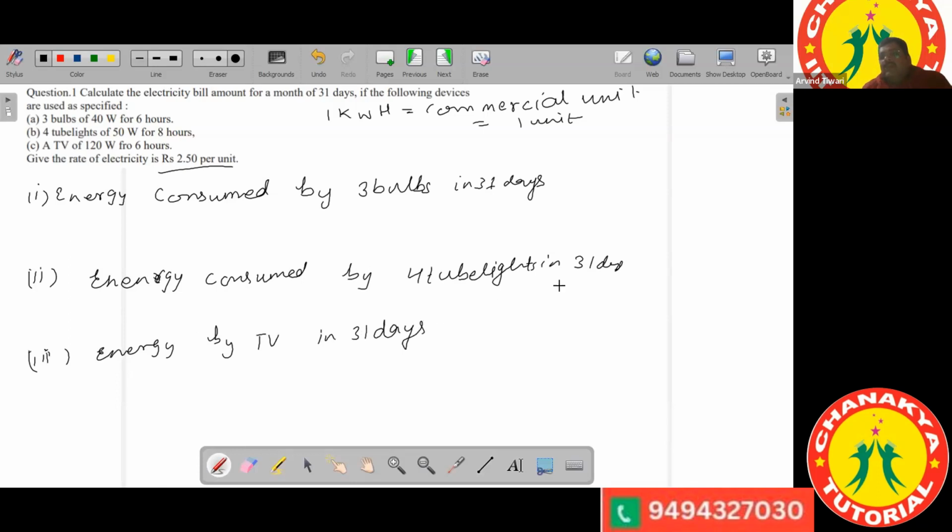Then add up all the energies. All the energies need to be found out in kilowatt hour only. Then add up all the energy to obtain the total energy. Once you obtain the total energy, multiply that energy by the rate given, which is 2.50.